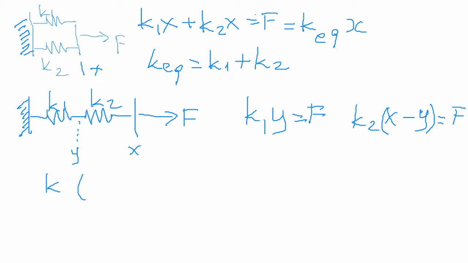So k2 times x minus, instead of y here, we write f over k1, which is equal to f.